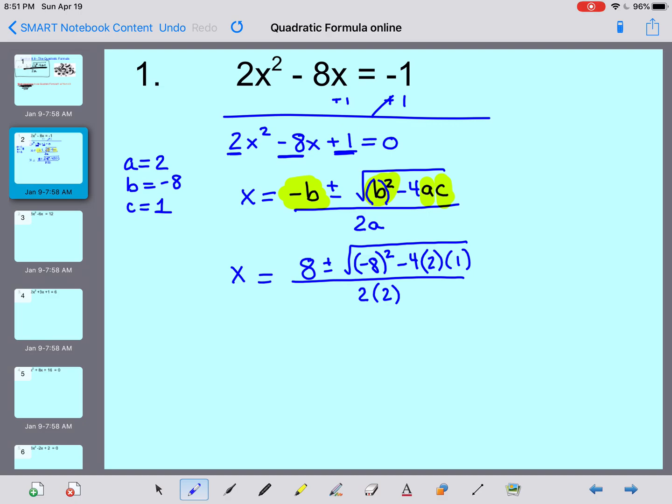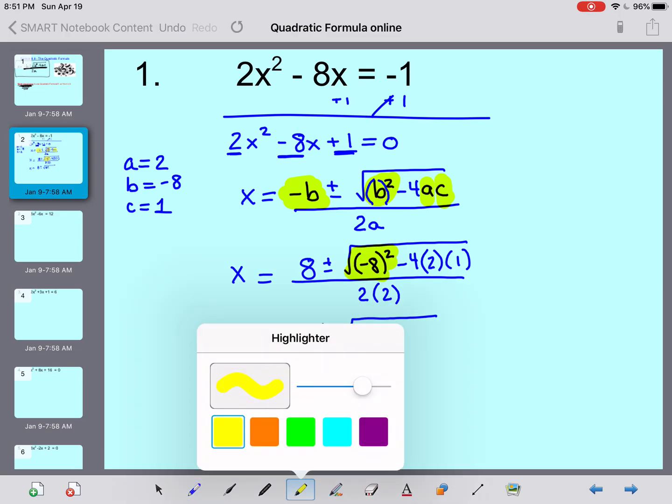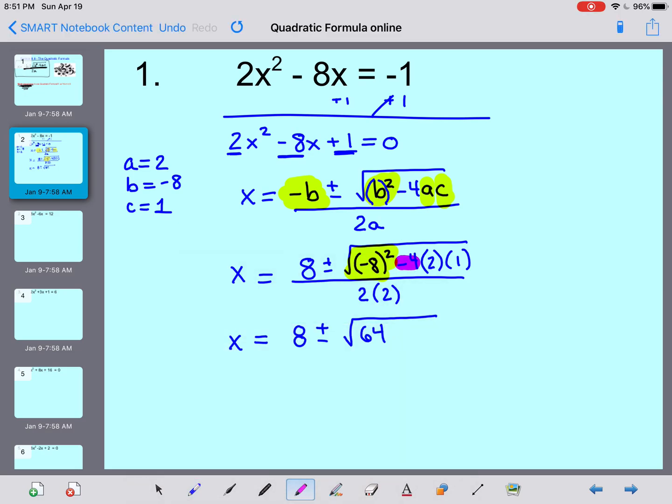Okay, so now we're going to start simplifying. So x equals, I'm going to keep the 8 the same, plus or minus. I'm going to do another radical. For right now, I'm just going to do the negative 8 squared. Negative 8 squared is 64. And then I'm going to do these three things. Negative 4 times 2 times 1.